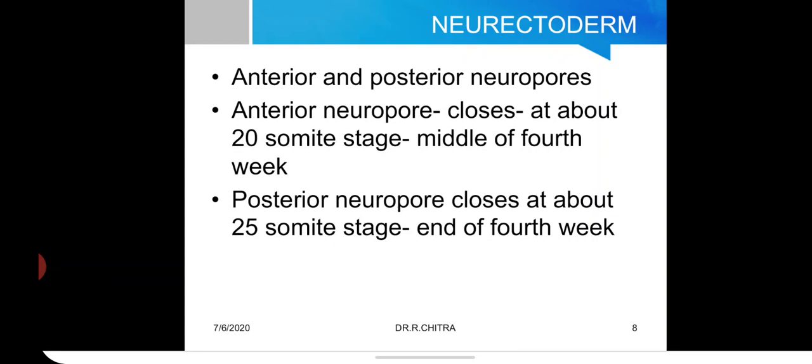These are actually situated at the cranial and caudal ends of the neural tube, but they are called anterior and posterior neuropores. The anterior neuropore closes at about the 20th somite stage, the middle of the fourth week. The posterior neuropore closes a little later, at about the 25th somite stage, at the end of the fourth week. These two are often asked as MCQs in the PG entrance.